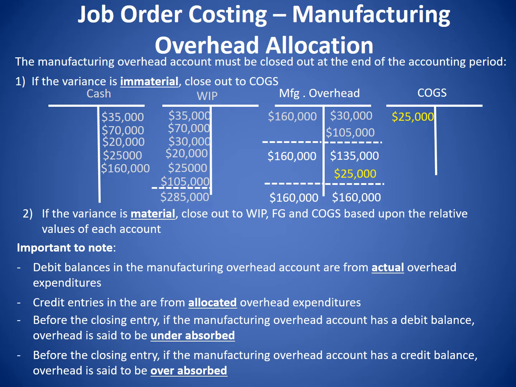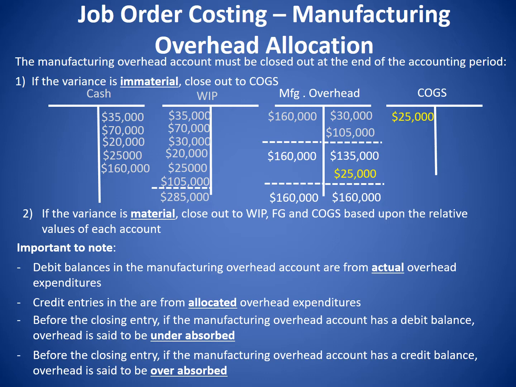Okay, before the closing entry, assume we have a debit in manufacturing overhead of $160,000 and total credits of $135,000. If the manufacturing overhead account has a debit balance, which it does in this case, overhead is said to be under-absorbed, or another word for it is under-applied. Either term can be used in the CPA exam.